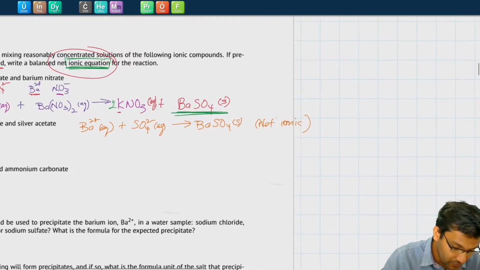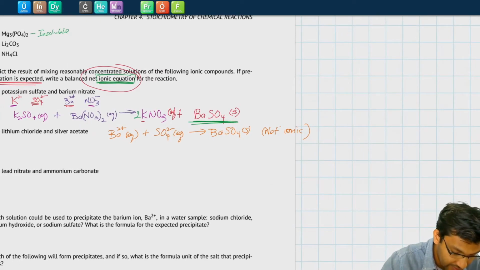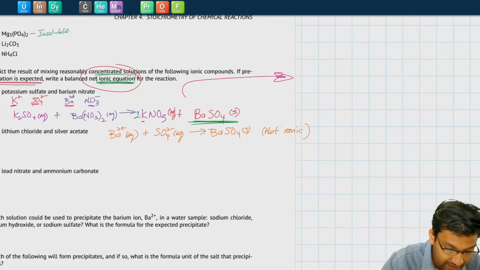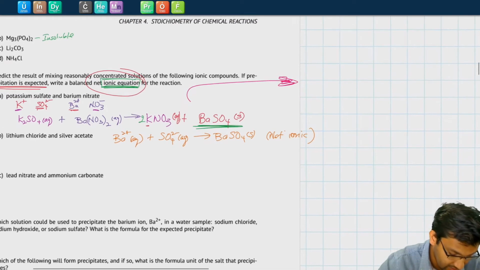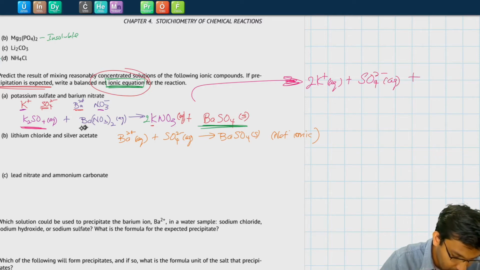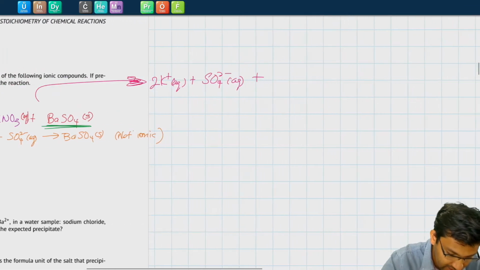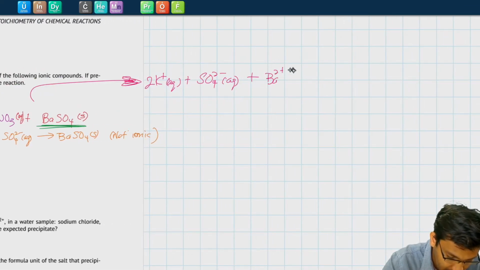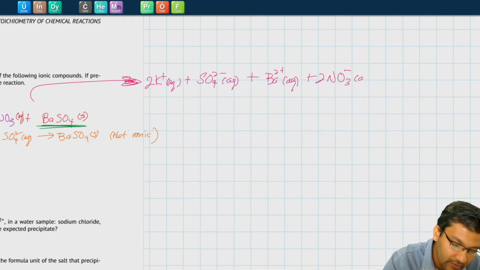But for those of you who were not sure how I got that, let's break this up into the complete ionic first and then the net ionic. So potassium sulfate, we have 2K plus aqueous plus SO4 2 minus aqueous. Okay. Barium nitrate aqueous breaks up into barium 2 plus aqueous plus 2 nitrate aqueous.